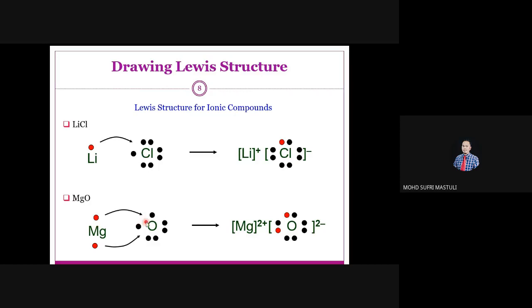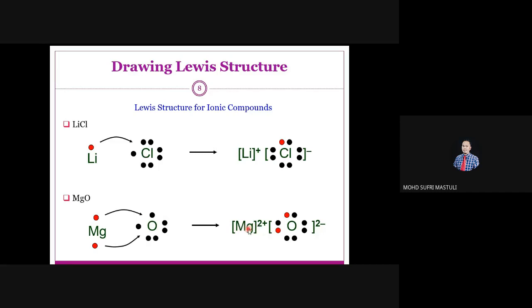In order to achieve the octet rule, two valence electrons should be transferred from magnesium to oxygen to become 8 valence electrons. So this is the way to draw the Lewis structure for magnesium oxide.